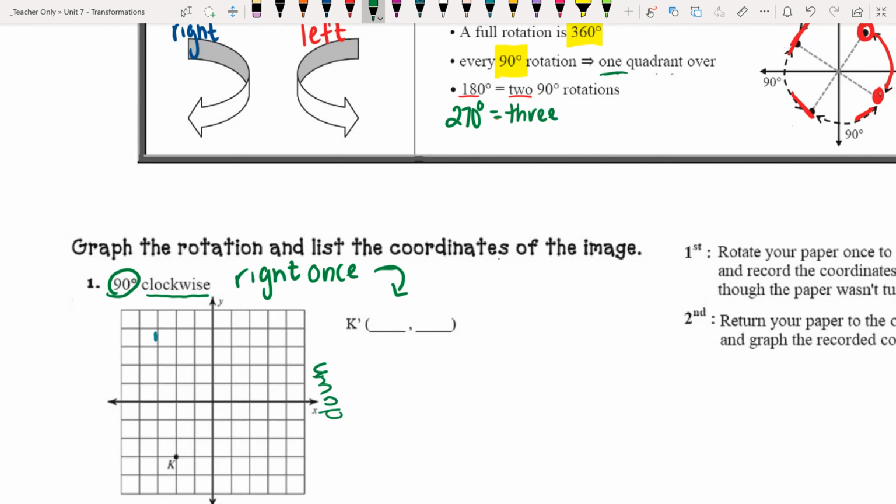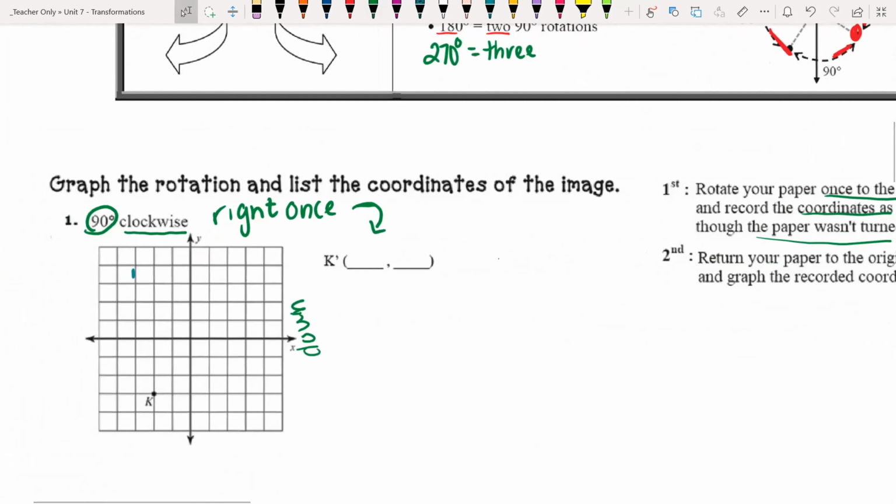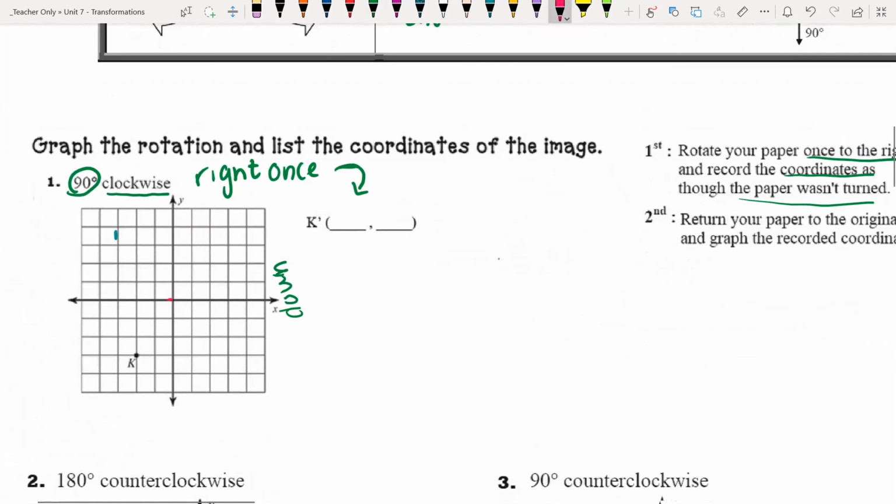Now that I've rotated my paper once to the right, record the coordinates as though your paper wasn't turned. So from our center of rotation, aka the origin, I want to figure out how far away K is. Well, it's left 3, up 2.